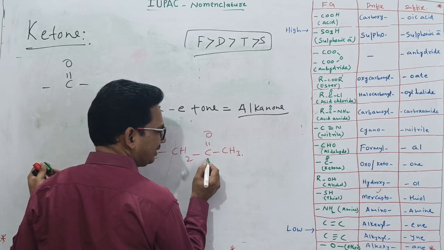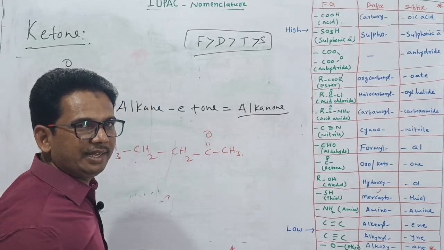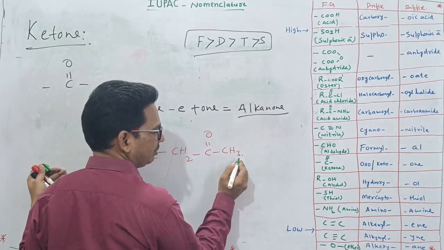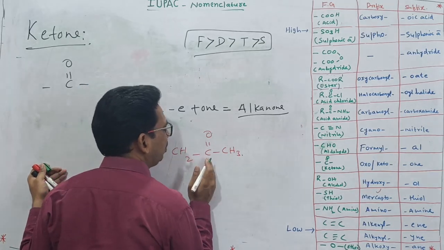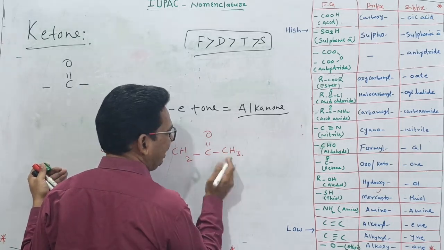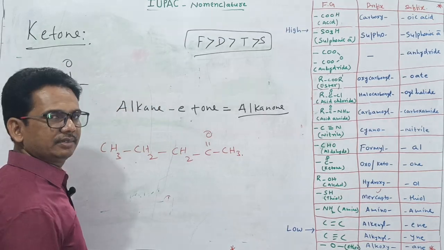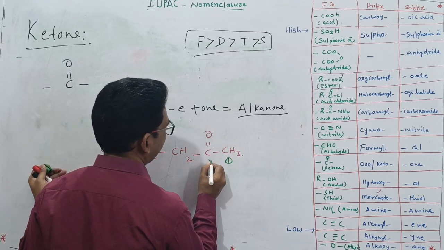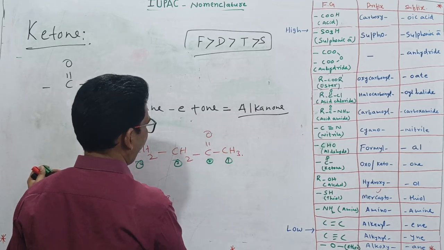Not from here, because there is a methyl group before it. We start from the end which is near to the ketone group. 1 2 3 4 5.